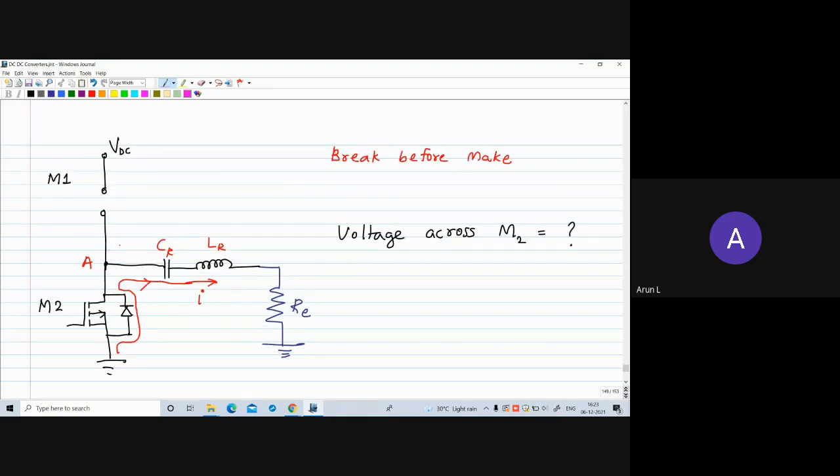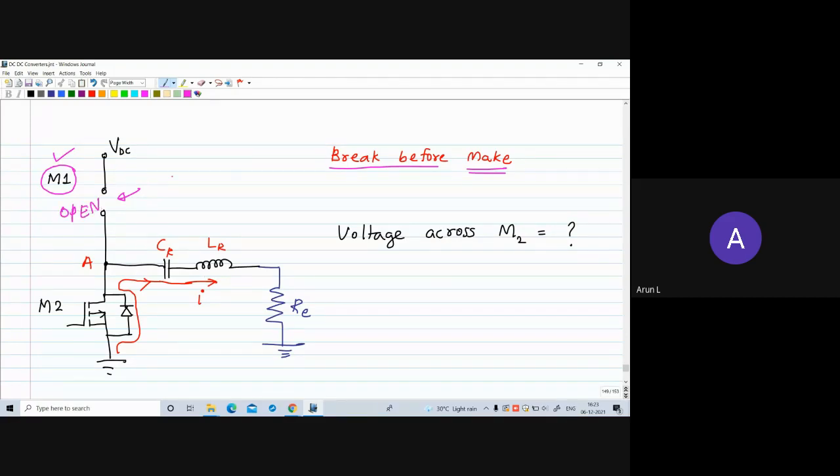And the moment we switch off M1, we will first switch off, and then we will switch on the other switch. Okay, we will break before make. We will turn off M1 and after a while we will turn on M2. So suppose we turned off M1. M1 is now open. So what happens?